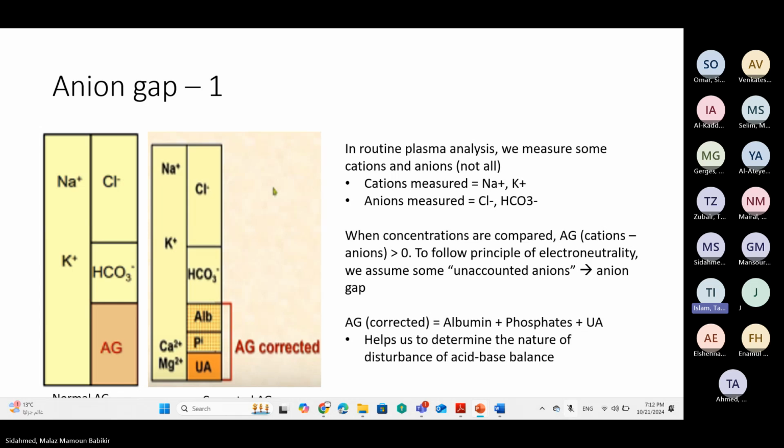And yeah, for the corrected AG, the important parameters, albumins, phosphates, and unmeasured anions, are mentioned here. The anion gap, particularly changes in it, can help us determine the nature of an acid-base disturbance, particularly the metabolic one. Next slide, please.